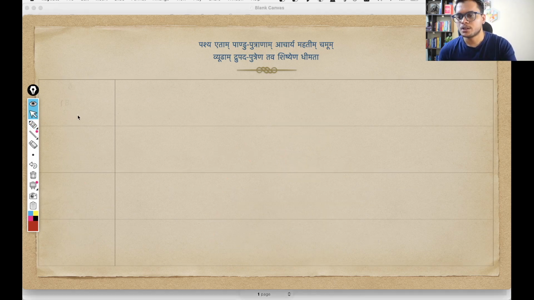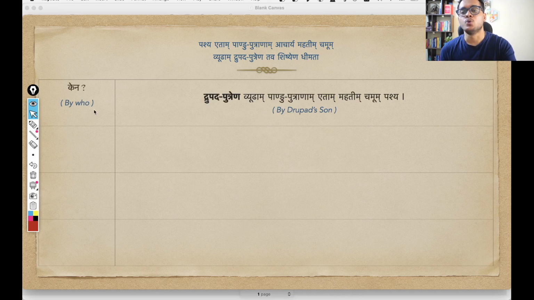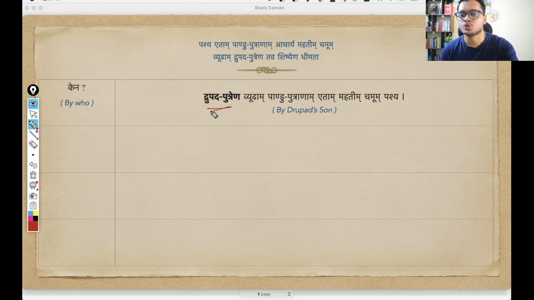Moving forward, now the question is Cain, or by whom? The army was arranged in a formation, but that arrangement was done by whom? And in response, we get Drupad Putrena. You see this word Putrena. This is in third case, as Ram becomes Ramena. So Putra became Putrena, because third case means by the son, by or with, whenever that person is the cause or the instrument of doing that action.